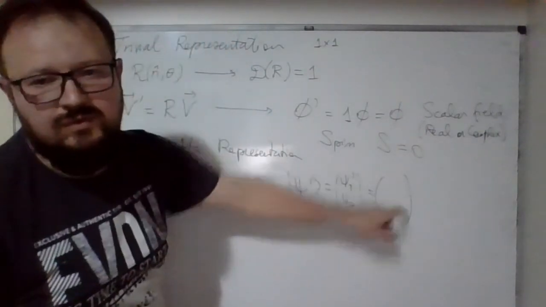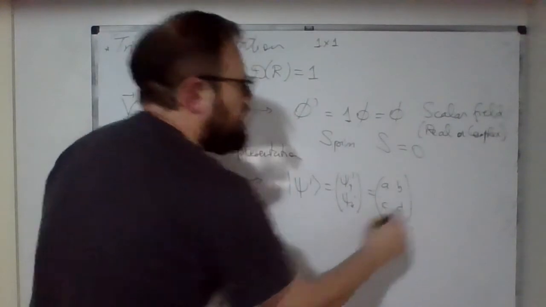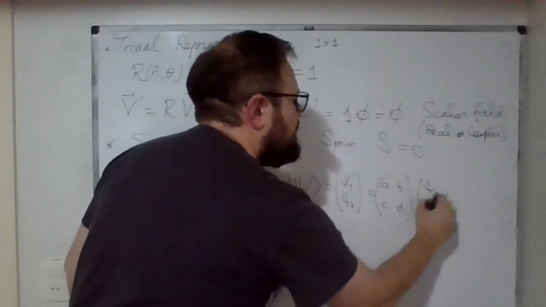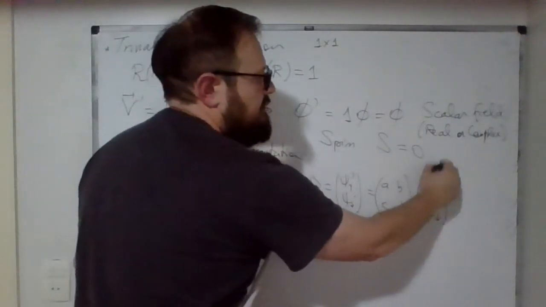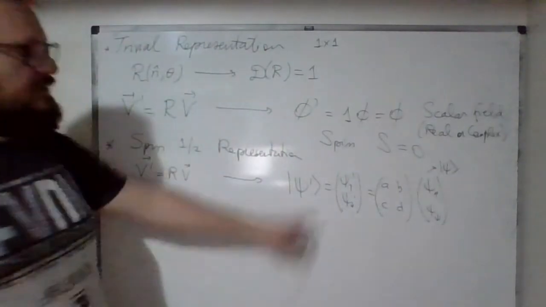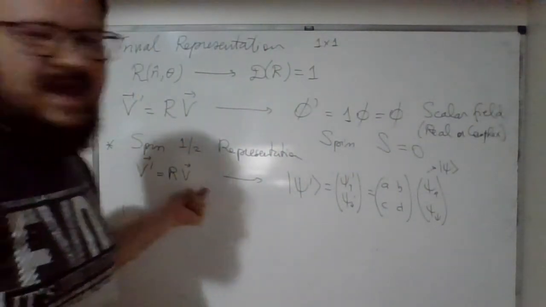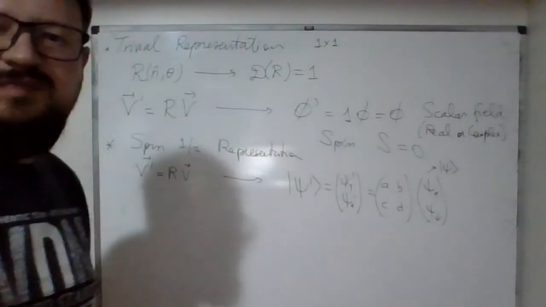You have to calculate using some matrix, a 2 by 2 matrix, applied to psi up and psi down, which is just the original state psi here. So what does that rotation applied to a vector do for a spinor, a Pauli spinor?